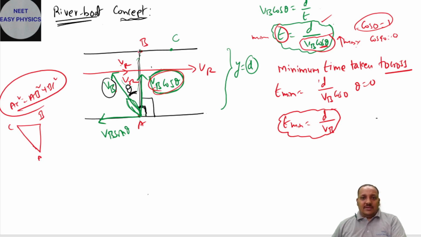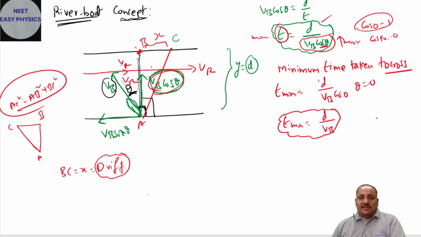Next. Now instead of reaching B, let us assume it is reaching C. So if it is reaching C, this is the horizontal distance x. This BC, the horizontal distance, we will call drift, a small change in position. So this is x that we are assuming. X is the horizontal distance.